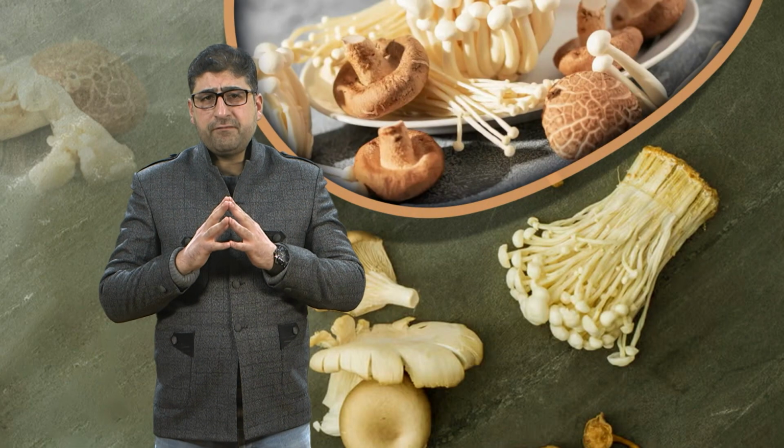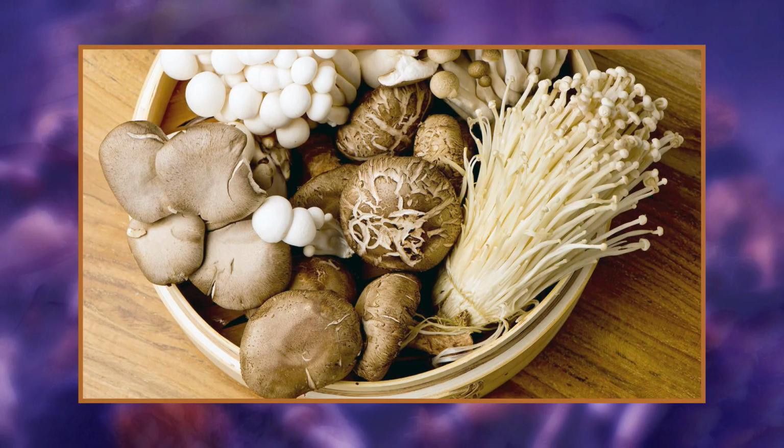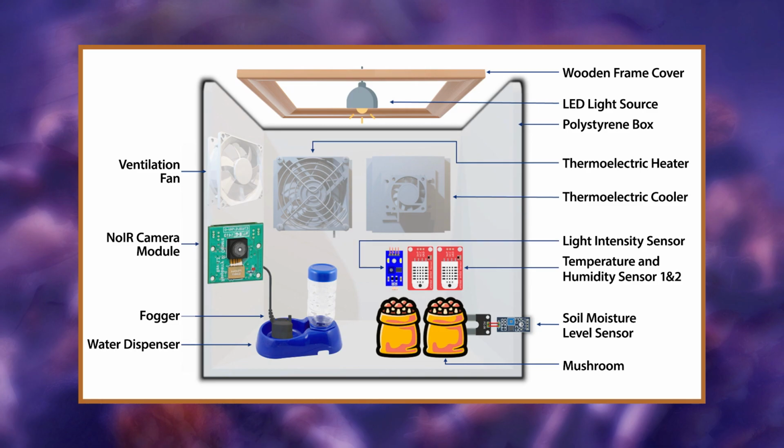By fine-tuning factors such as substrate composition, moisture levels, temperature, humidity, and gas exchange, growers can emulate the natural habitats of varieties like shiitake, maitake, and enoki mushrooms. Advanced monitoring tools ranging from simple hygrometers to IoT-enabled sensors and even artificial neural networks play a vital role in continuously managing these parameters.